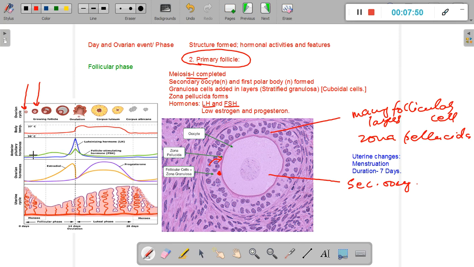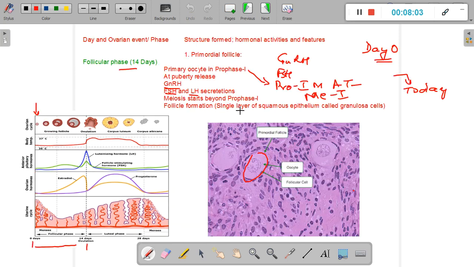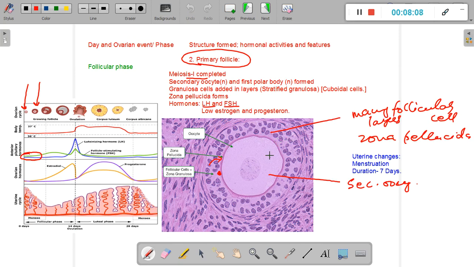Follicle stimulating hormone has also been secreted, but you see here the concentrations are still pretty low, and even this lower concentration, which is stimulated by GnRH, is sufficient to bring a change in the primordial follicle, and a primordial follicle is converted into a primary follicle. Now remember, the oocyte resides inside a follicle.